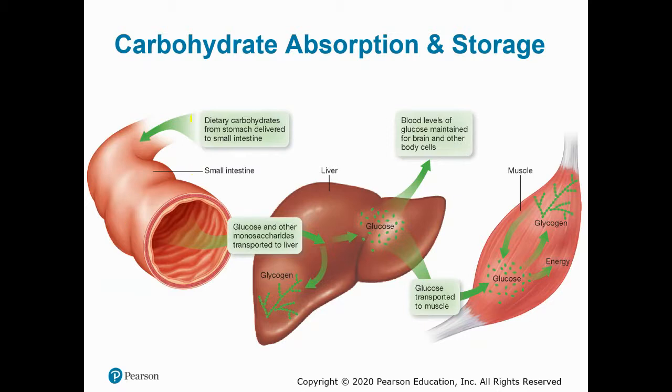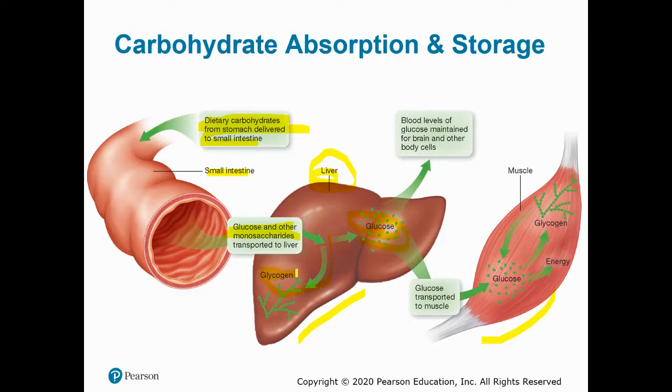Here's a nice little picture of carbohydrate absorption and storage, showing the liver and some muscles. So the dietary carbohydrates from the stomach are delivered to the small intestine. Remember, glucose and other monosaccharides get absorbed ultimately into the enterocyte, into the blood, and travel to the liver. Fructose and galactose are converted to glucose.